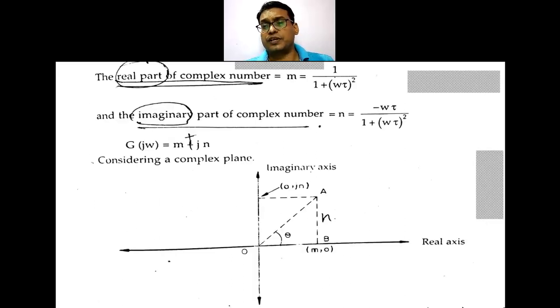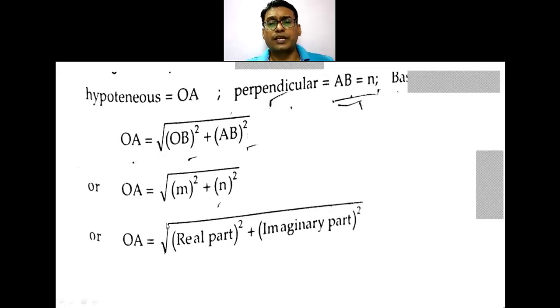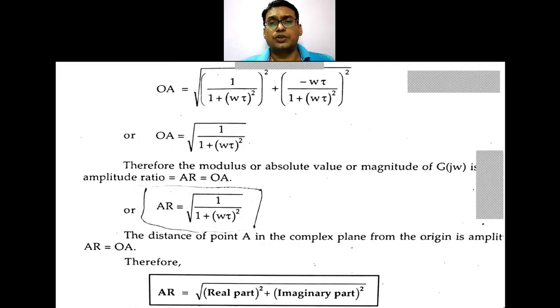So this figure itself shows that if you want to calculate the value of OA, it is nothing but the root of AB square plus OB square, that is your imaginary part square plus real part square under root. So OA is root of real part square plus imaginary part square. And similarly, we have substituted the value of m and n.